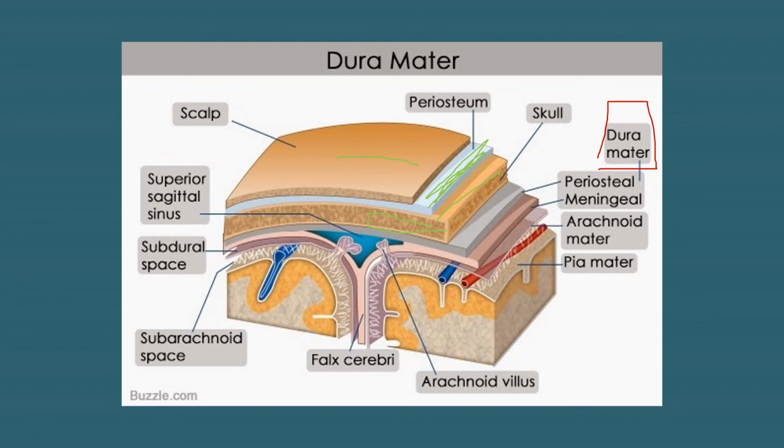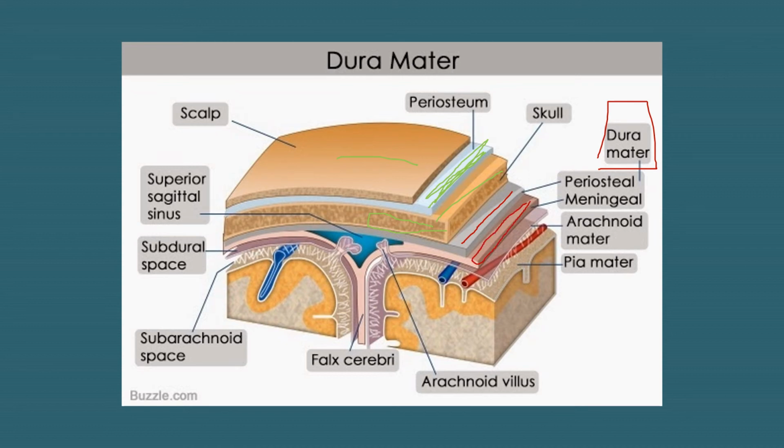And the first layer is what's called the periosteal meningeal layer, and that's right here. After the periosteal meninge, we have the meningeal layer.